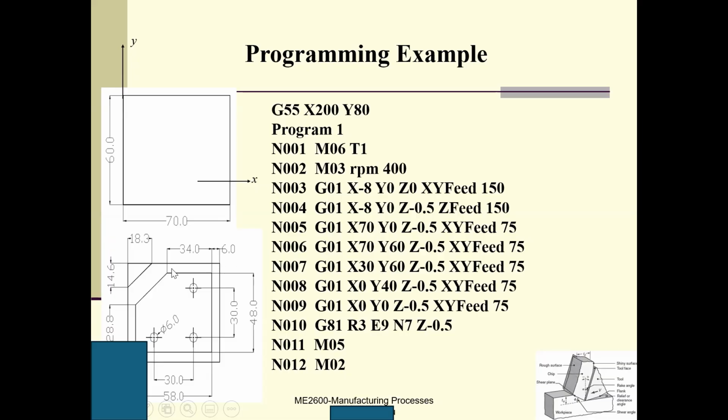From here to here, X30, go to X30, Y60, still go here, and Z qualified.